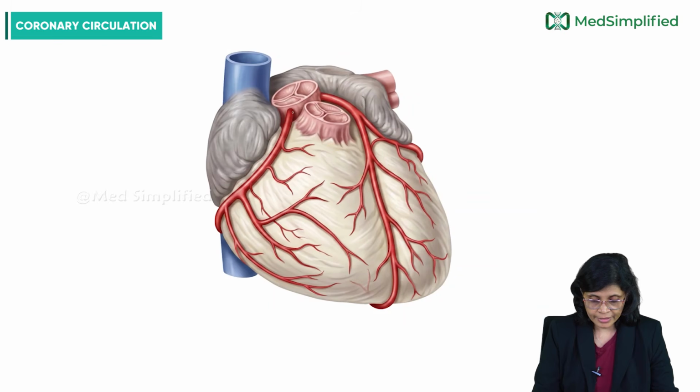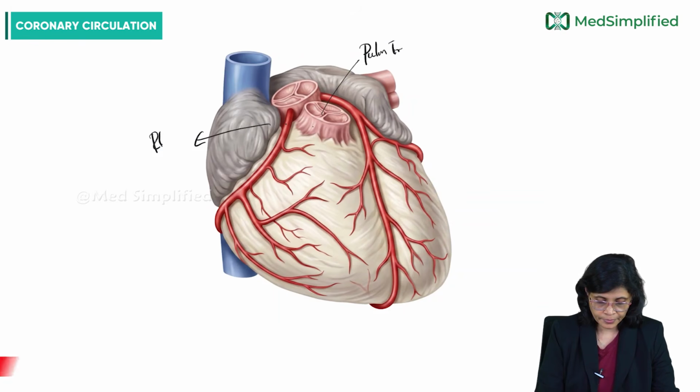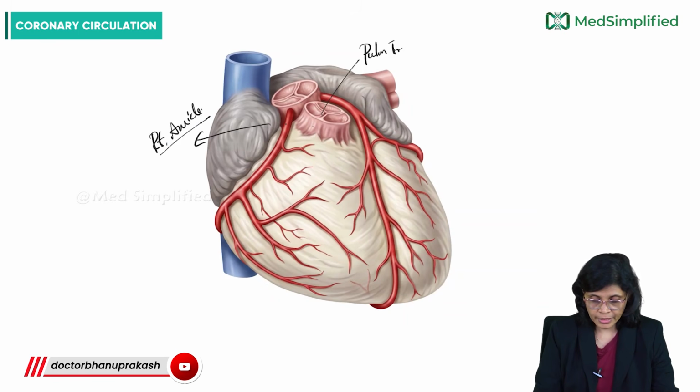When it begins here, you can see it passes forwards and to the right between the pulmonary trunk, now this is the pulmonary trunk, and the right auricle, and then passes downwards.